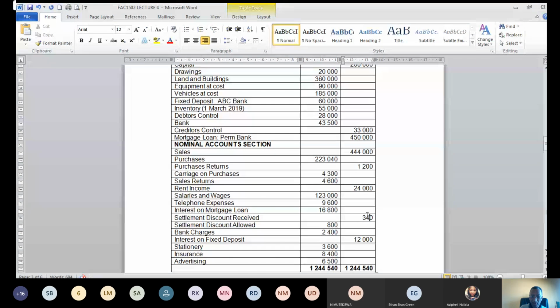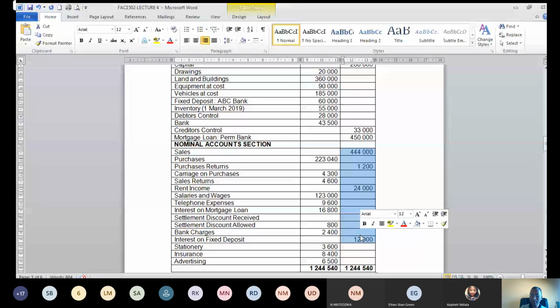The next account with a credit balance is the 340 Rand for settlement discount received. But settlement discount received, we have used in the calculation of the cost of sales. Our next account with a credit balance is interest on fixed deposit. So we have only got two income accounts here.